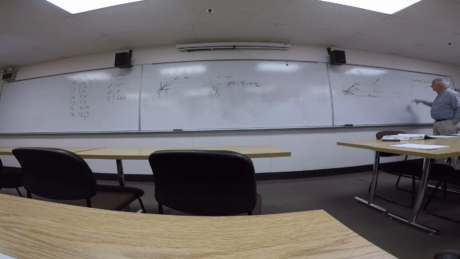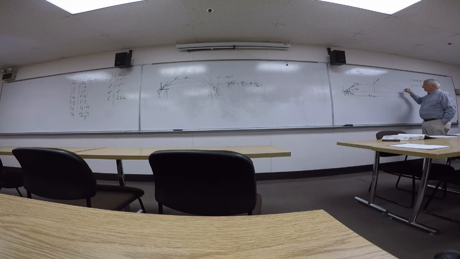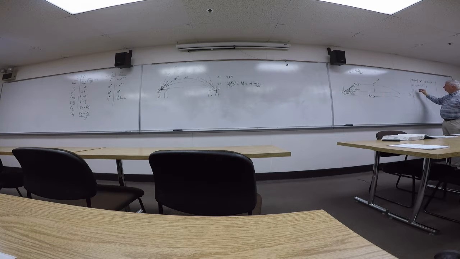So let's first solve the vertical equation. V sub y is 500 t minus 16t squared is the general equation. And it begins at 0. I also said flat earth, so what's the y value down here? Also 0. Do the arithmetic here.